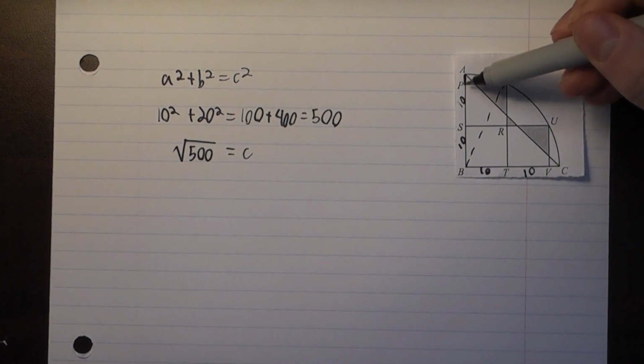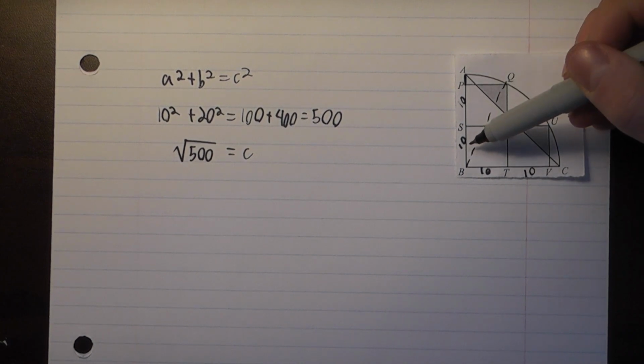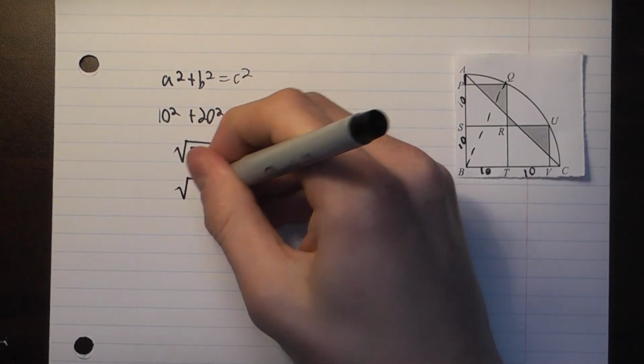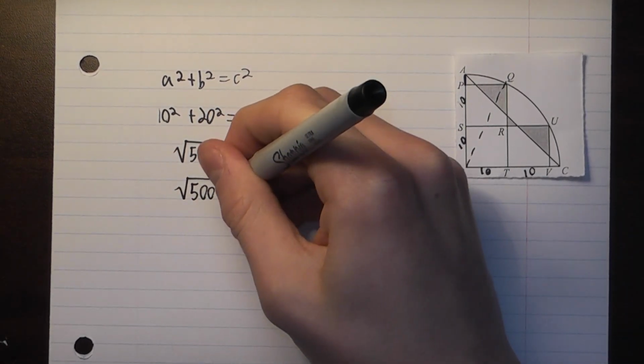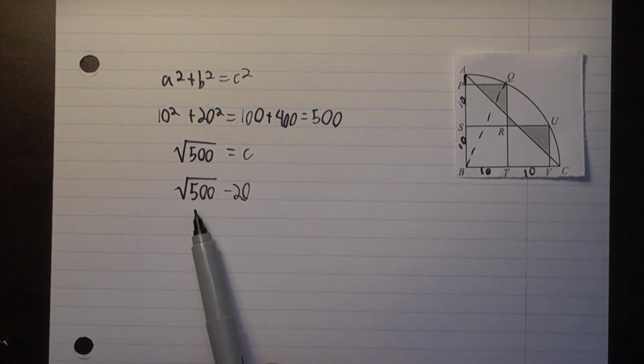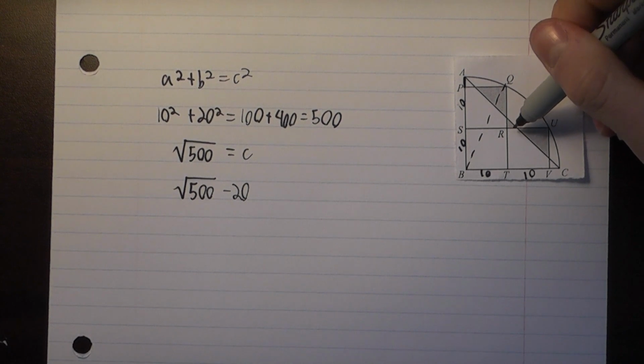So to find this little tiny length right here, we just have to know the full length and subtract 10 and then subtract 10 again, so subtract 20. So this little tiny length is the square root of 500 minus 20. And I'm not calculating the square root of 500 yet, so that our answer can be more precise, which is always what we want in the Waterloo competitions. So this triangle is the same as this triangle.